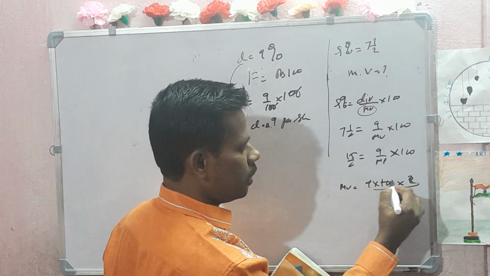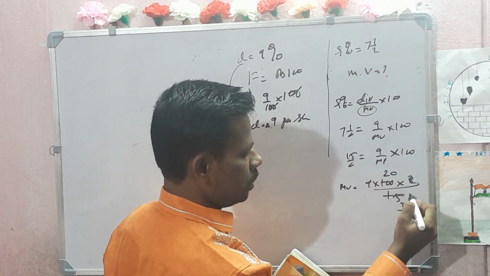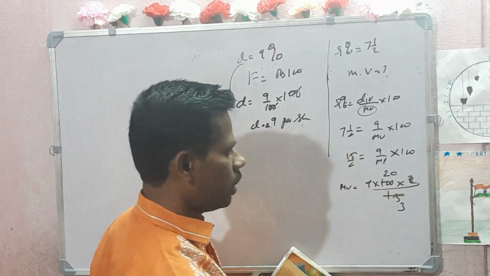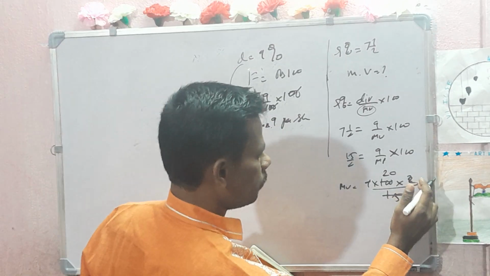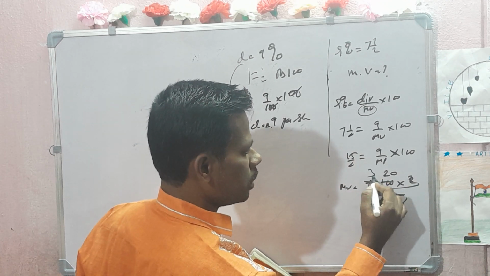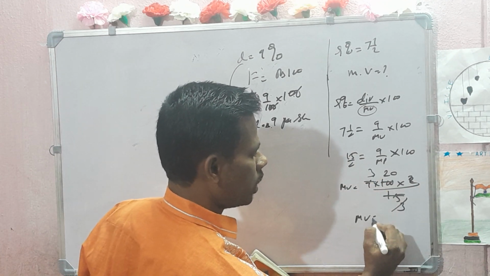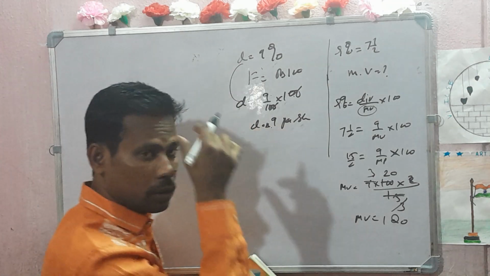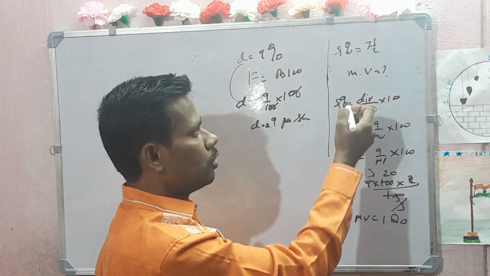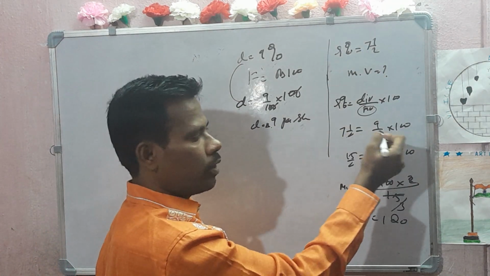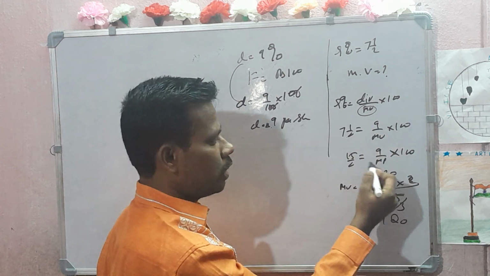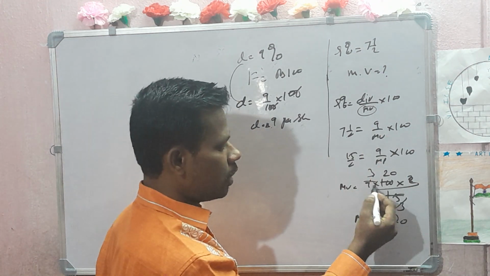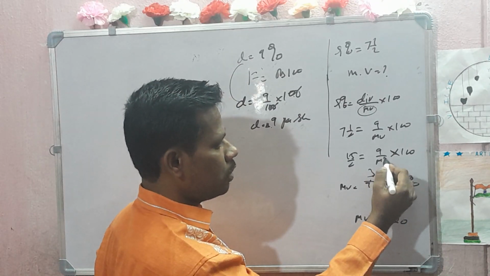5 3s are 15, 5 2s are 10, 0. Next, any calculations? 3 1s are 3, 3 3s are 9, 9 2s are 18. Market value is 120. Right? Are you following? So rate percentage is given as 7.5. I am replacing the values. Market value, you will get market price or market value.